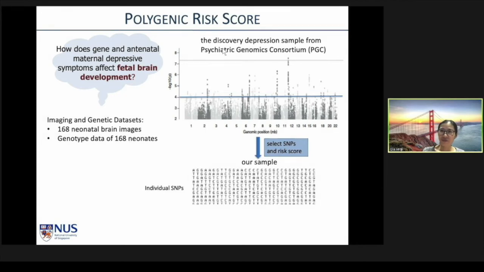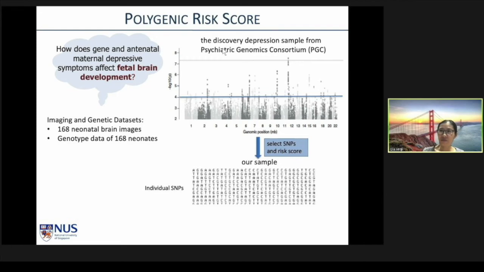The dataset includes neonatal brain images as well as genotype data. The risk alleles and effect sizes of SNPs are established from an existing genome-wide association study for depression using relevant discovery samples, based on their p-values below a defined threshold.